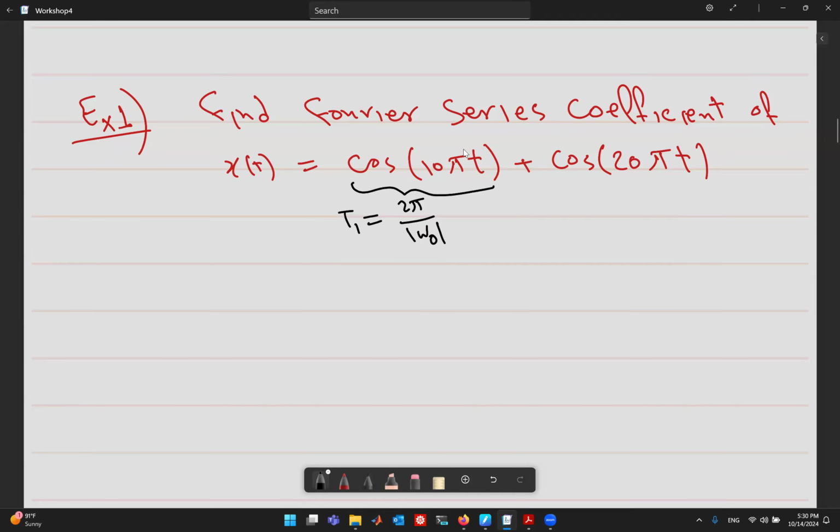Omega naught is 10 pi, so 2 pi divided by 10 pi will be 1 divided by 5. And the fundamental period for this signal, let's call it T2, again 2 pi divided by omega naught. Omega naught is 20 pi in this case, so 2 pi divided by 20 pi will be 1 divided by 10.